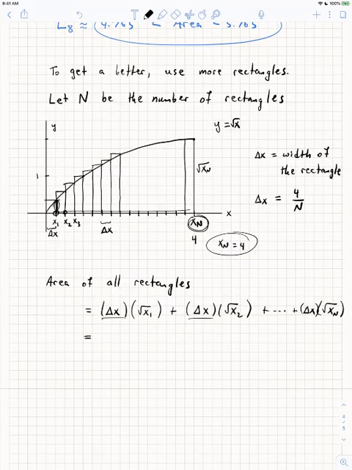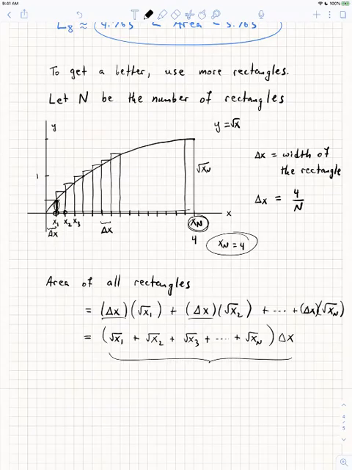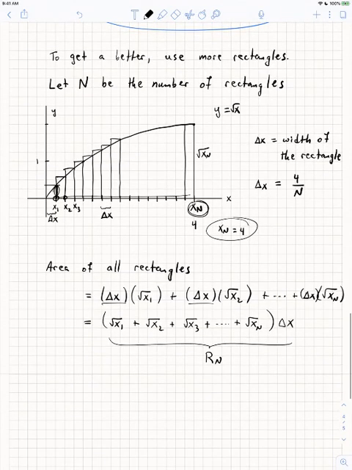So this is going to be equal to the square root of x1 plus the square root of x2, plus the square root of x3, and so on until we get to the last one, which is the square root of xn. And all of these terms are multiplied by delta x. So this whole thing is our r sub n, which in this case is just a little bit too much.